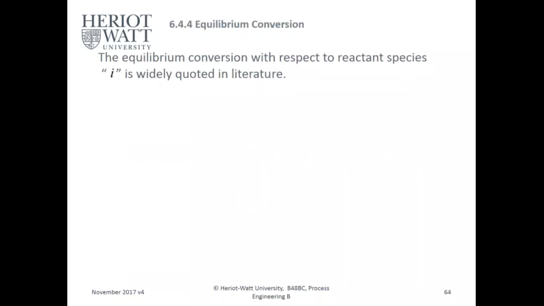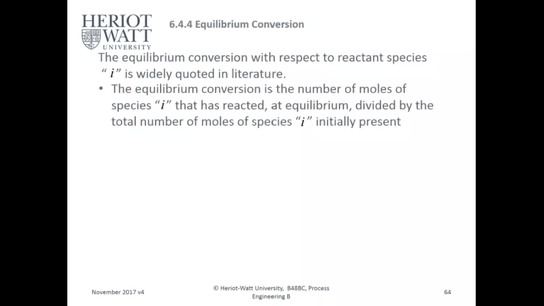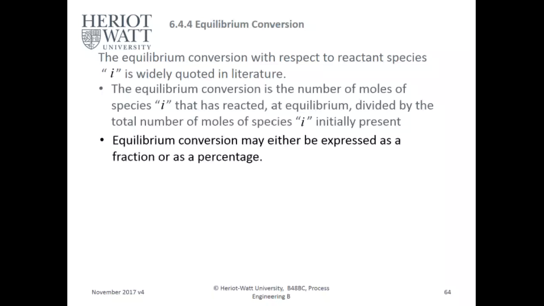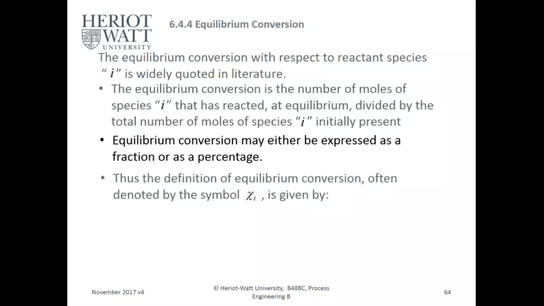The equilibrium conversion with respect to reactant species i is widely quoted in literature. The equilibrium conversion is the number of moles of species i, that specific species, that has reacted at equilibrium, divided by the total number of moles of species i initially present. Equilibrium conversion may be expressed as a fraction or a percentage.